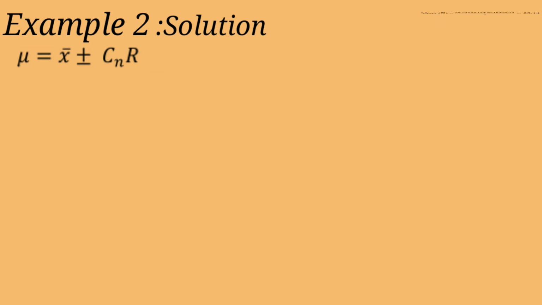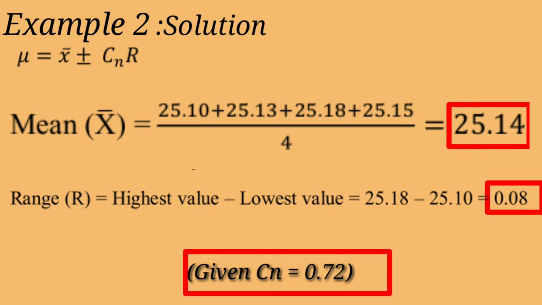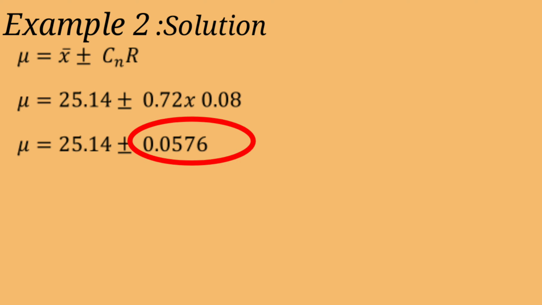Further, on substituting the values of x bar, Cn and R, we get the following equation. On further calculation, 0.72 multiplied by 0.08, we get 0.0576.